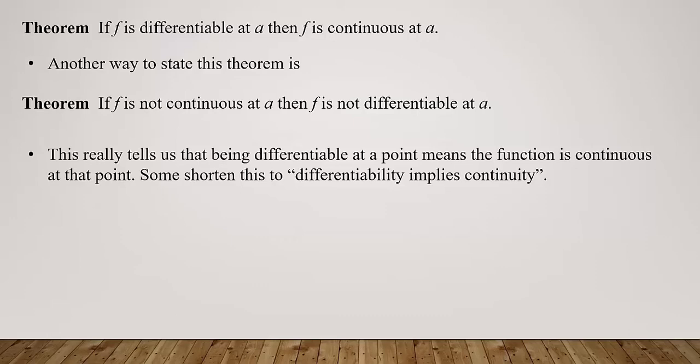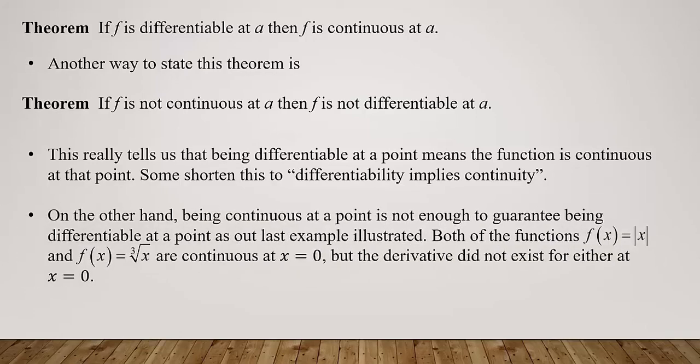I've known many math professors in my time at Ohio State that just shortened that down to the phrase, differentiability implies continuity. On the other hand, being continuous at a point is not enough to guarantee that you're differentiable at that point.